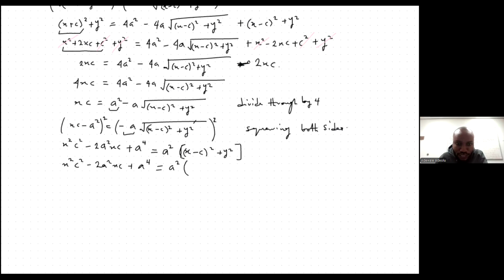I can open up this, that is x squared minus 2xc plus c squared plus y squared. I can open up with a squared, so that is a squared x squared minus 2a squared xc plus a squared c squared plus a squared y squared. And I just copy and paste what I have here.